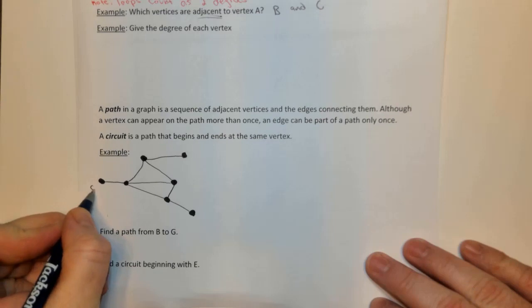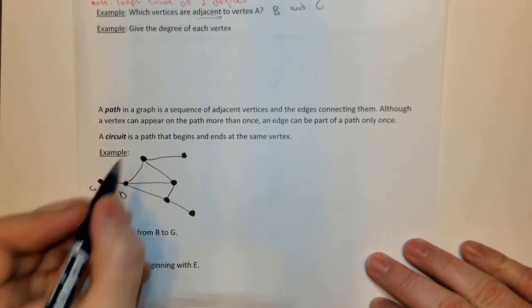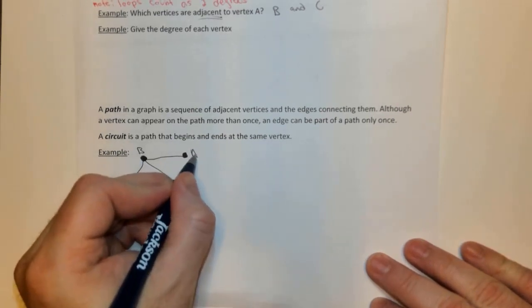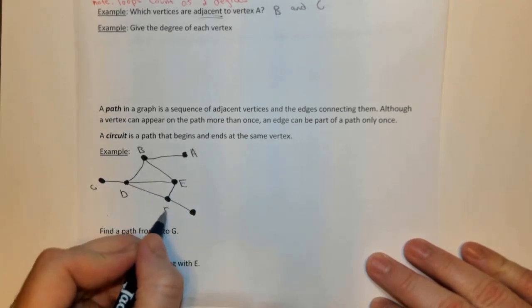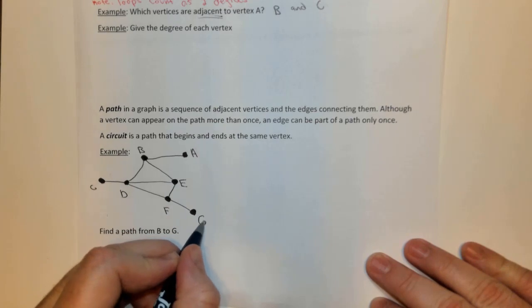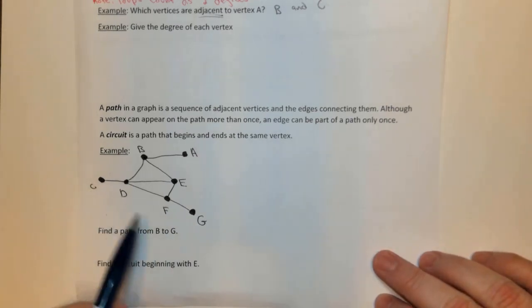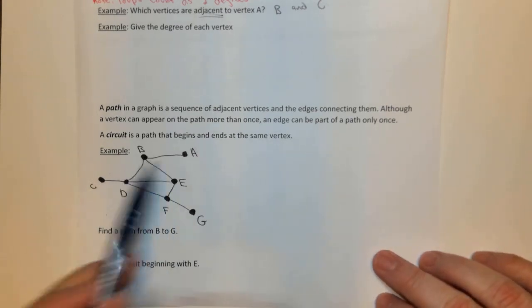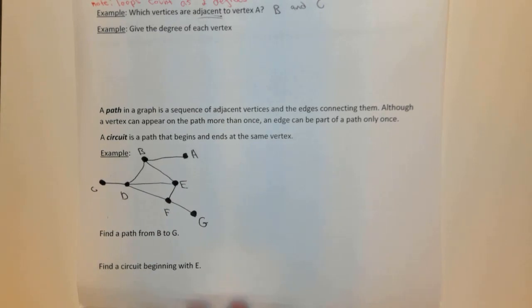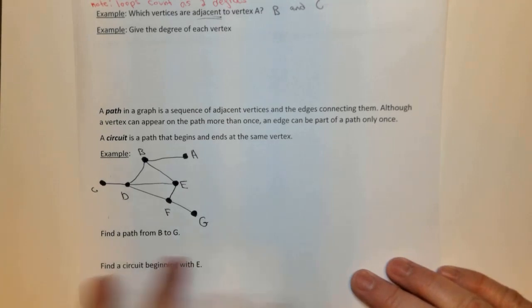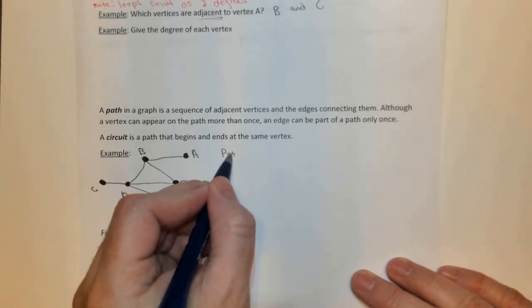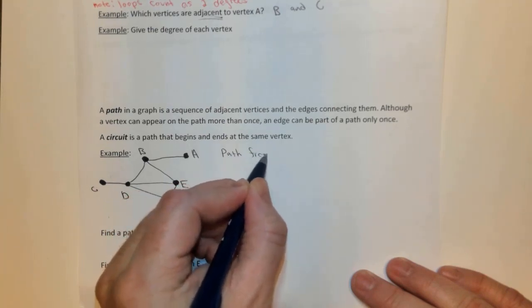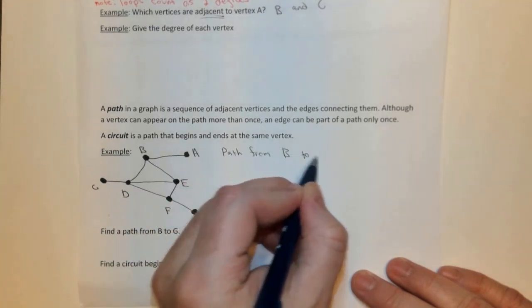So the vertices are C, D, B, A, E, F, G. C, D, F, G, E, B, A. All right. The question says, find a path from B to G. Since I don't have a lot of space down here, I'm going to do that up here. So path from B to G.